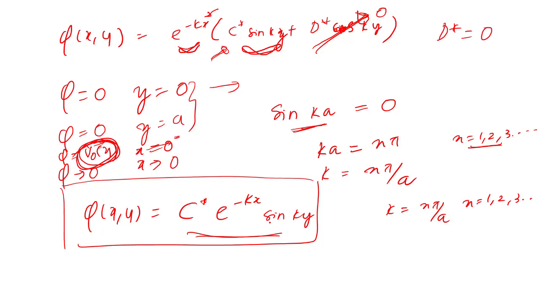So you could think of expressing this V0 of y in terms of a Fourier series. Whatever the function V0 of y may be, you can express it as a Fourier series. That means you can express it in sines or cosines, and that's how you can satisfy the third boundary condition. And that's okay, because for example, let's say phi 1, phi 2, phi 3 till phi n are all solutions to Laplace's equation, del square phi is equal to 0.